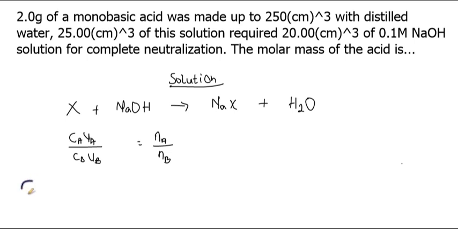From the question now, our Ca is unknown. Let's continue. Va here is 25.00 cm³. Cb is 0.1 molar.